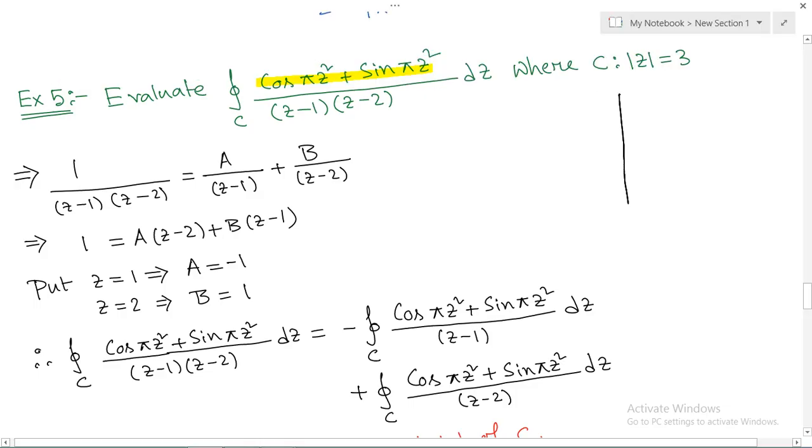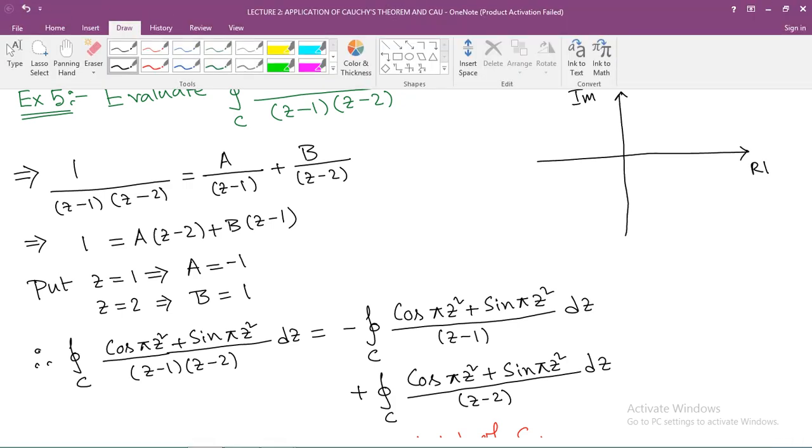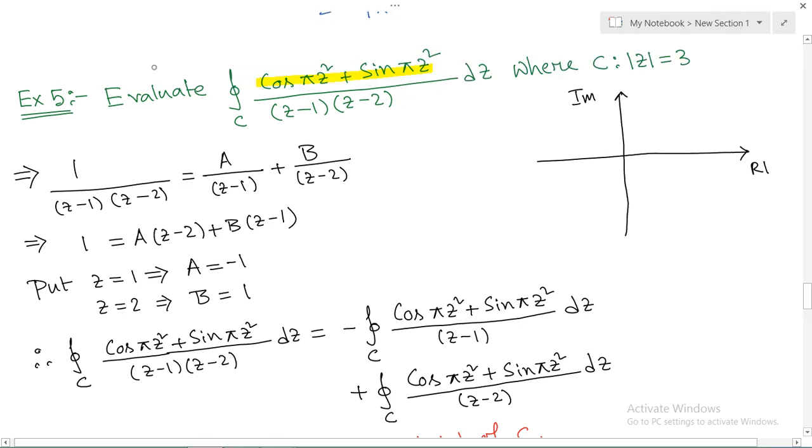Here we have our imaginary axis, here we have our real axis. Now mod z equal to 3 is given, so the center of this circle is at the point z equal to 0, and the radius of the circle is plus 3 here and minus 3 here, right? So this is the whole range of this circle.